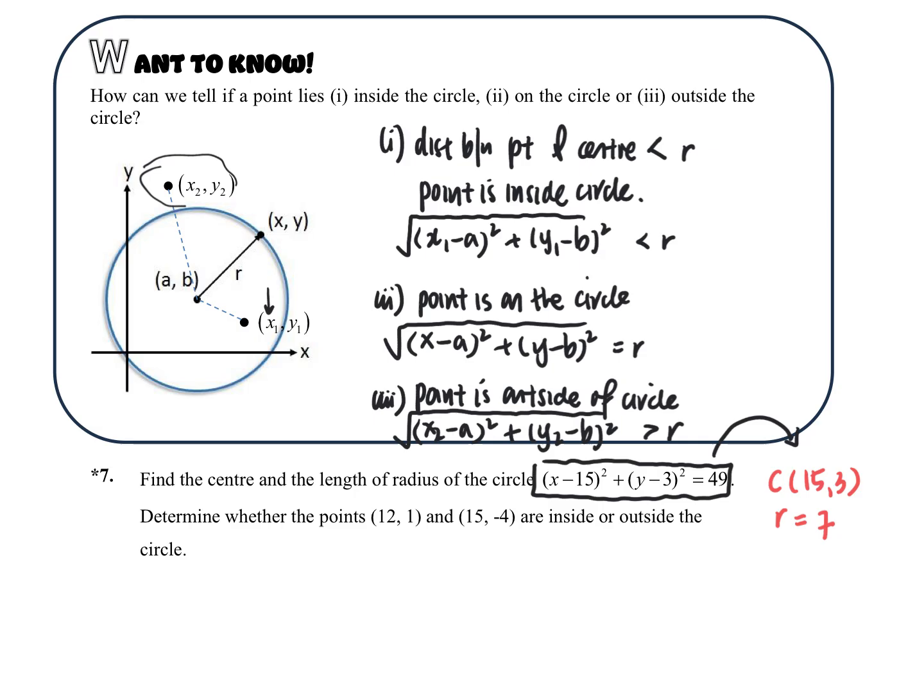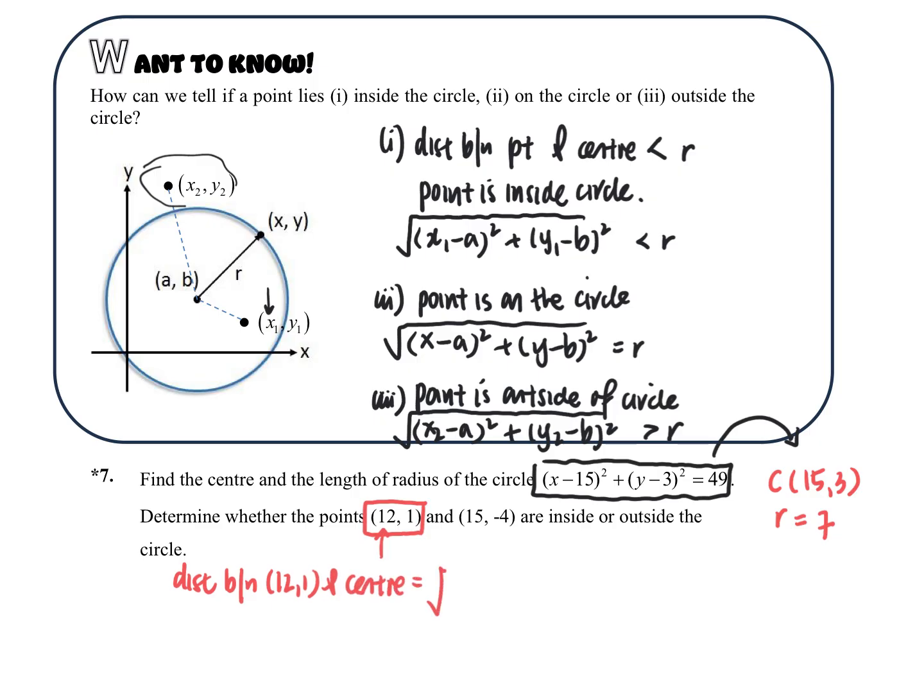So I want to determine this point, whether it's inside, outside. I want to determine if this point is outside or inside the circle. What do I do? Find distance. So I find distance between this point and center.